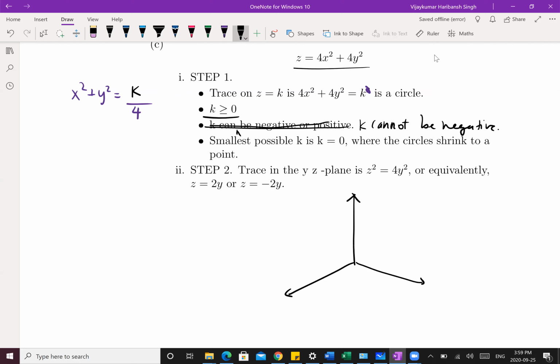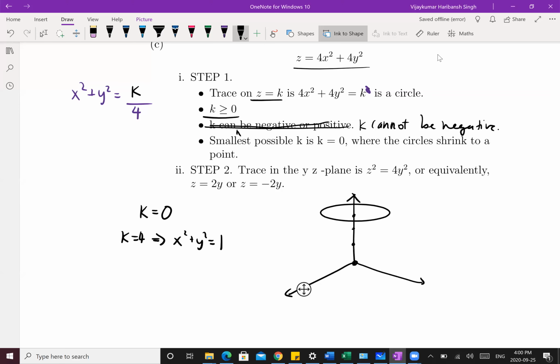Let's draw this. We are drawing the horizontal traces now, z equals k. When k is 0, we get a point. When k equals 4, this gives us x squared plus y squared equals 1, so we have a circle there.